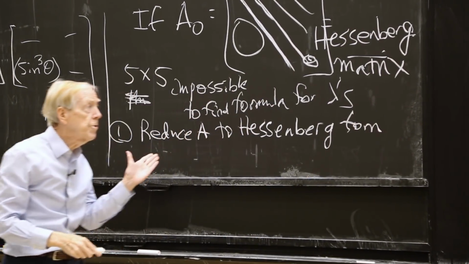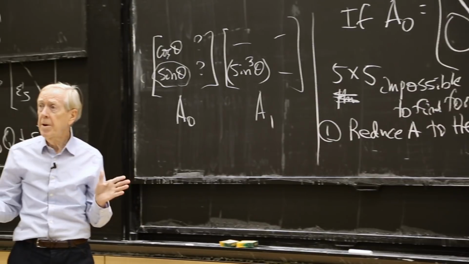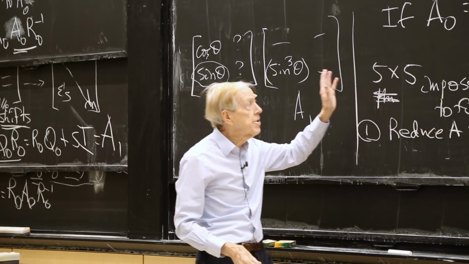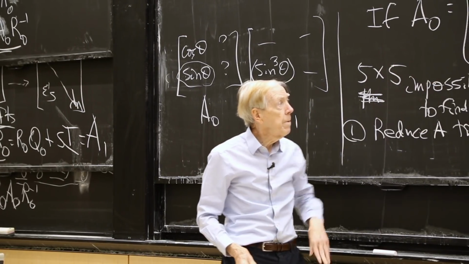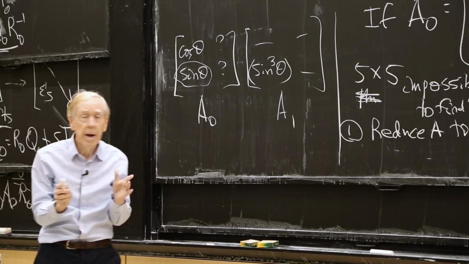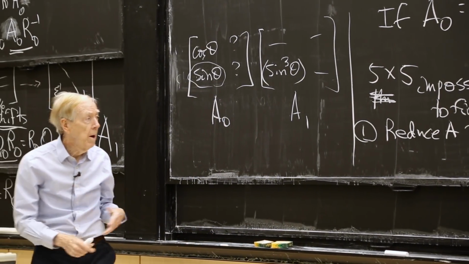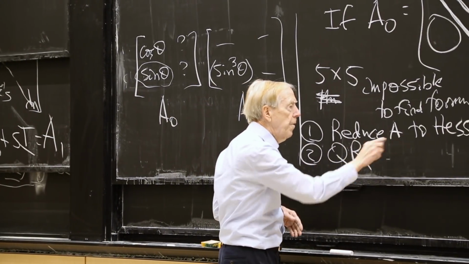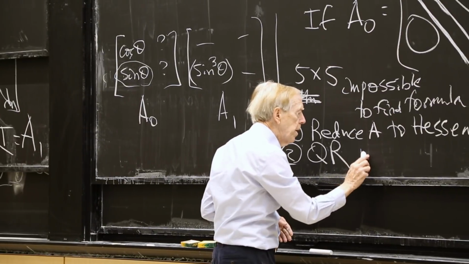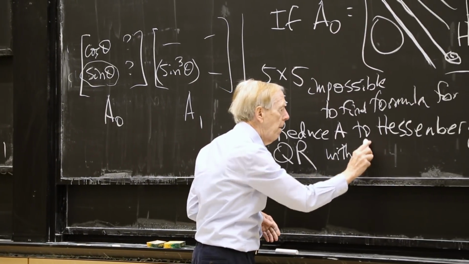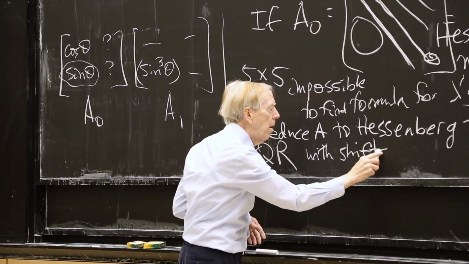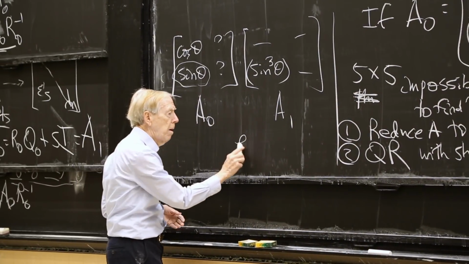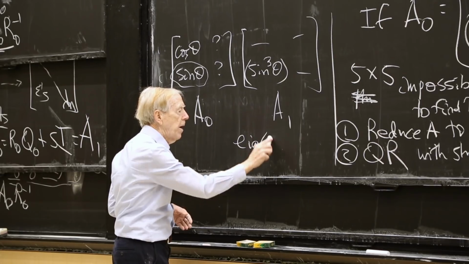And when I say reduce, I mean find a similarity transformation, of course, because I want the eigenvalues to end up the same. I want to keep the same eigenvalues as I go. And then step 2 is QR on this Hessenberg matrix with shifts. So that's the code that would be programmed in Eig.